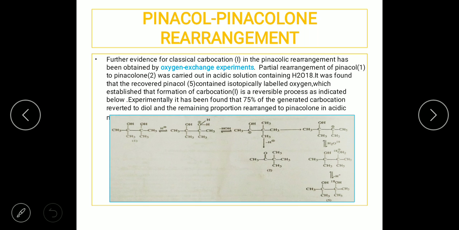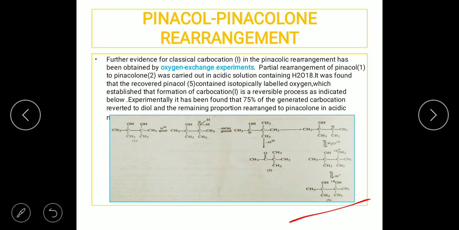It was found that the recovered pinacol, that is 5, contained isotopically labeled oxygen, which established that formation of carbocation 1 is a reversible process as indicated below. Experimentally, it has been found that 75% of the generated carbocation reverted to diol and the remaining proportion rearranged to the pinacolone in acidic medium.